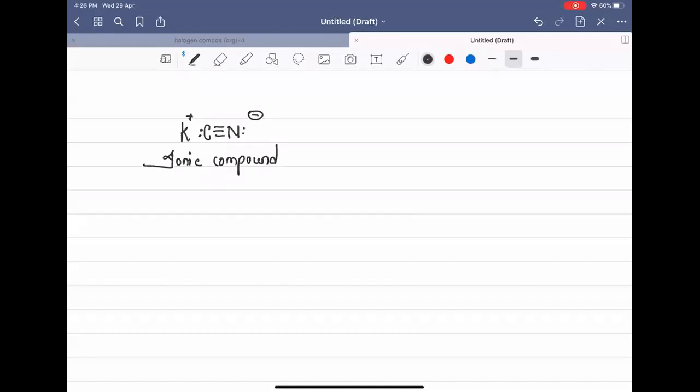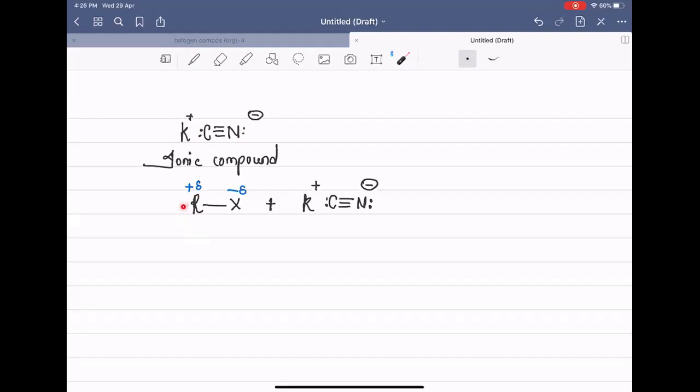And therefore, when you take RX and allow it to react with KCN, you already have two options. One, the lone pair of carbon attacks the positive R, or the second option is the lone pair of nitrogen attacks the positive R.